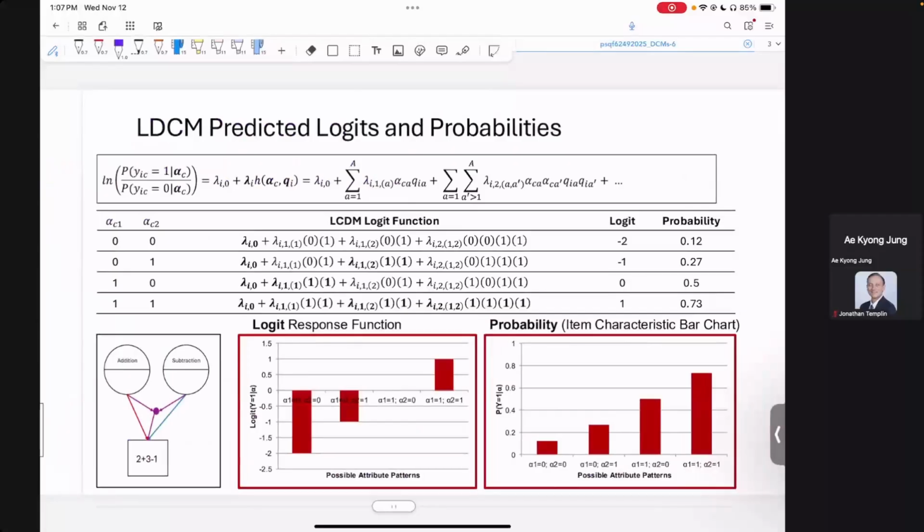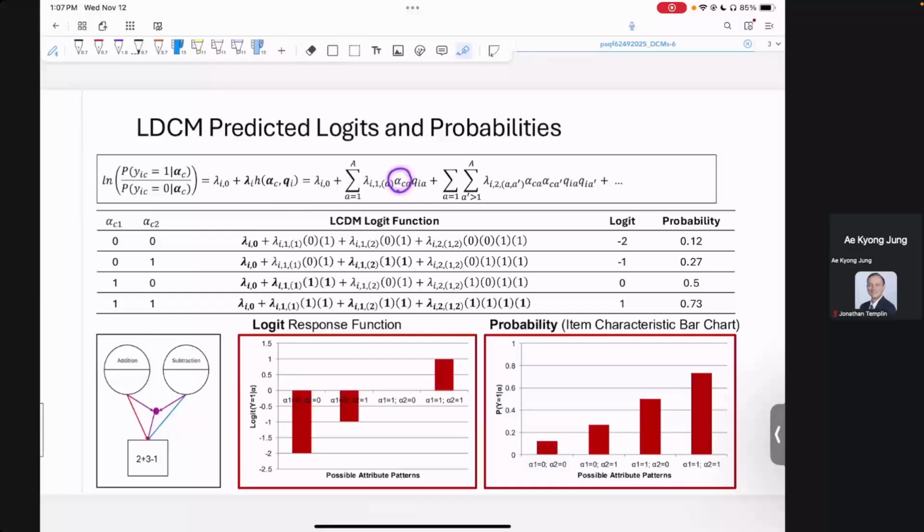Let's see the example of the LCDM. This graph shows that this item is measuring addition and subtraction, and there is an interaction between 2 attributes. And we have 4 classes. One class has mastered none of the attributes. We plug this 0 into the equation here.